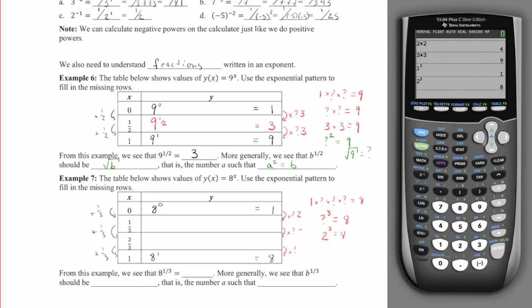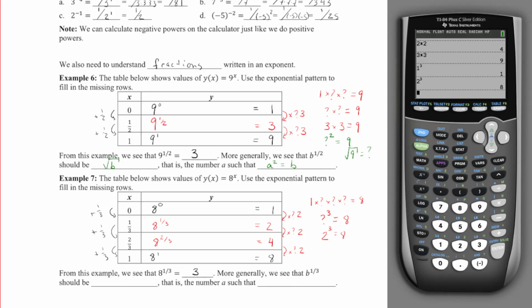So we must be multiplying by 2 every time we go down a row. It must be that 8 to the 1/3 power is 1 times 2 is 2. 8 to the 2/3 power is 2 times 2 is 4. And then 8 to the 3/3, that's 8 to the first power, is 4 times 2 is 8. We see that 8 to the 1/3 power must be 2.